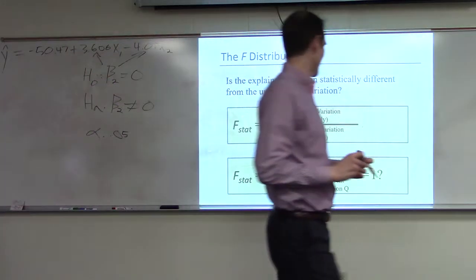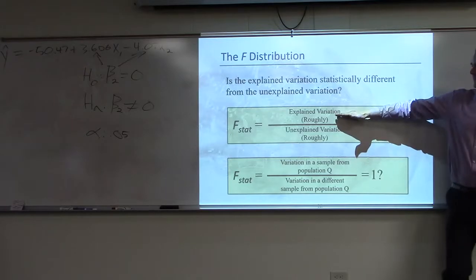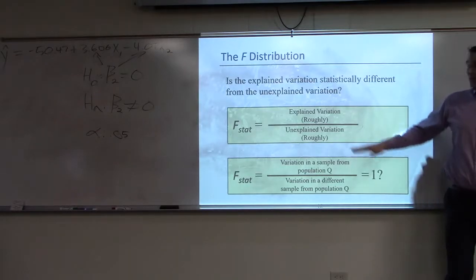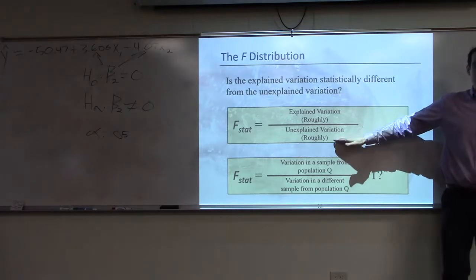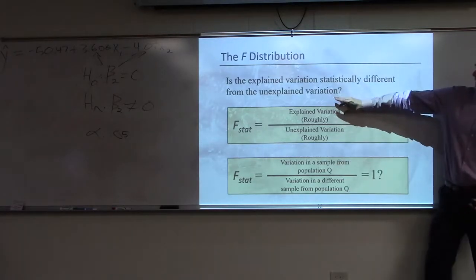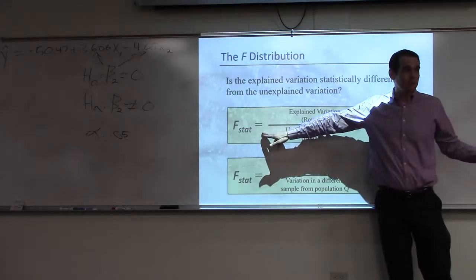Now how the F-test works, the F-stat, it is roughly explained variation over unexplained variation. And we want a lot of explained variation, and we want a very small amount of unexplained variation. So if we have 10 times as much explained variation as unexplained variation, our F-stat would be 10.